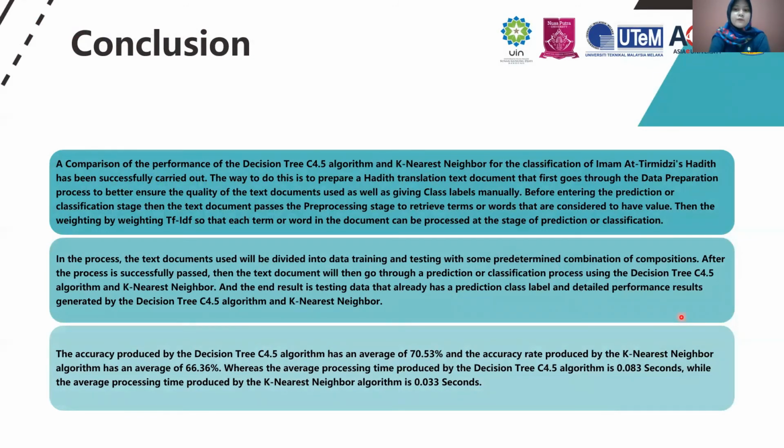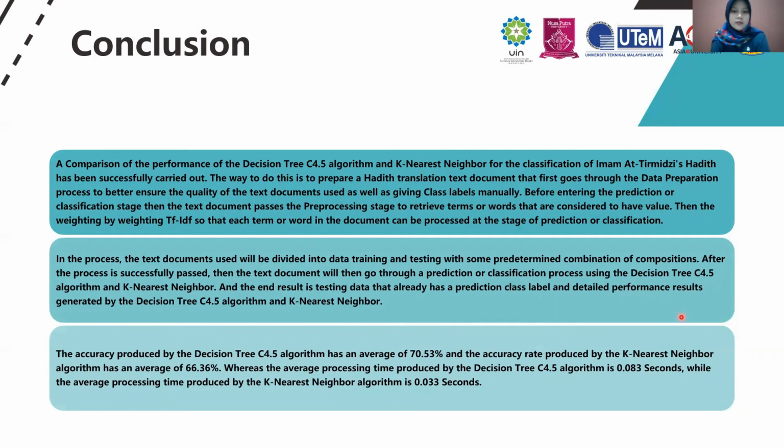Then, before entering the prediction or classification stage, we conduct the text preprocessing, and we conduct the term frequency and inverse document frequency weighting for each term or word in the document. And then we divide the text document into the training data and testing data with several scenarios for experiment.